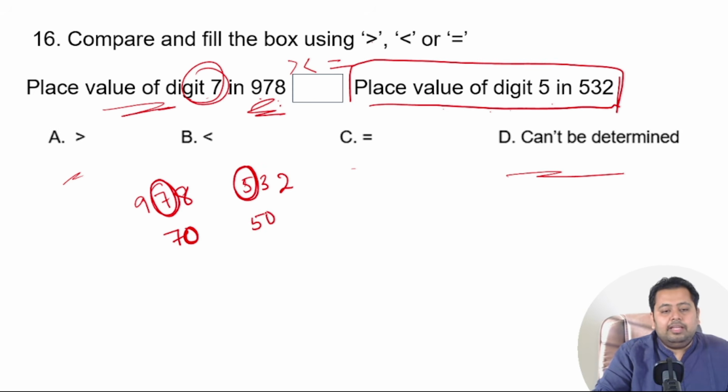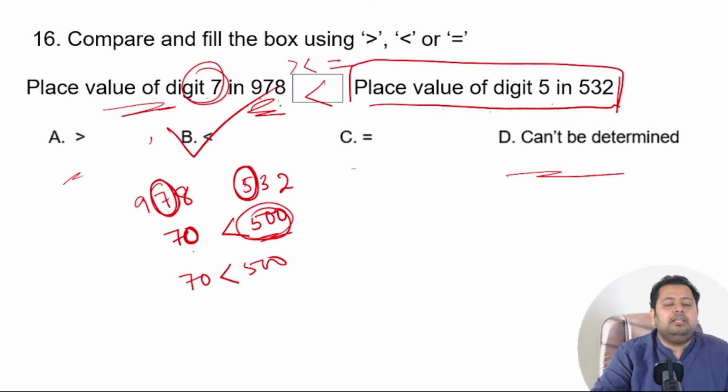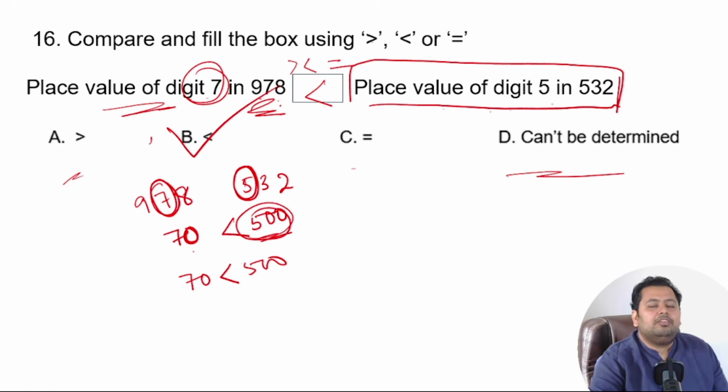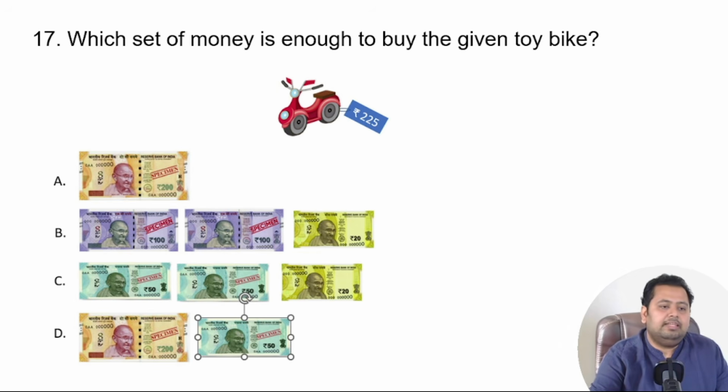So the place value of digit 5 is 500, and we know 500 is greater than 70. So we can say 70 is less than 500. So this becomes this, and option B is your correct answer. Hopefully you have got it right. If you did, give yourself a star, and we move to the next question.